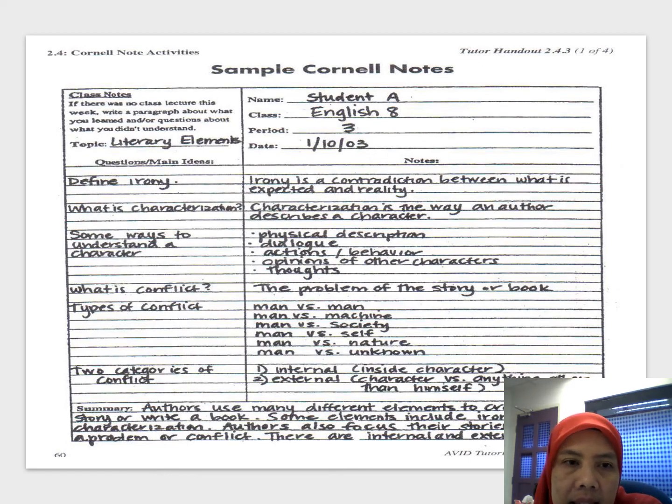On your left hand side, you can see the main ideas or the main point. That is section 2. On your right hand side is the notes. The left hand side is the main point, and the right hand side is the description or the explanation about the main point.